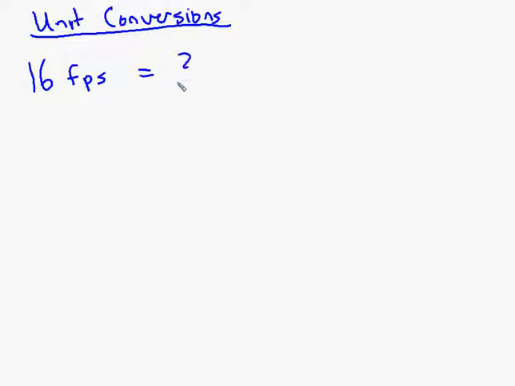All right, now we are on the hard part of today's thing. Unit conversions. I thought that was the hard part. Unit conversions are even harder than that. All right, so let's say, earlier we were talking about feet per second. If I have someone who's going 16 feet per second, I want to know how many miles per hour that happens to be.